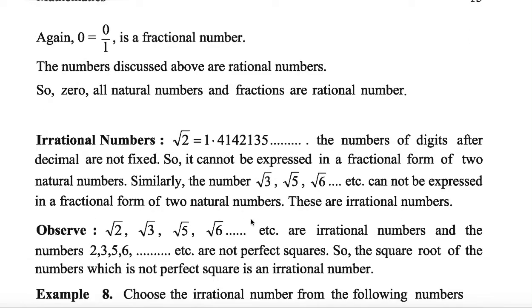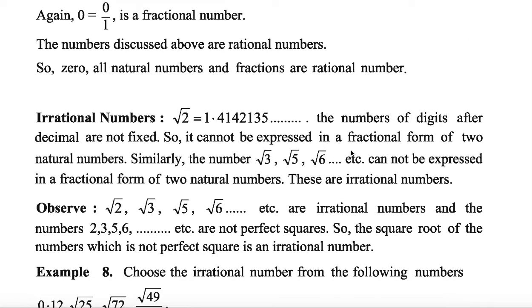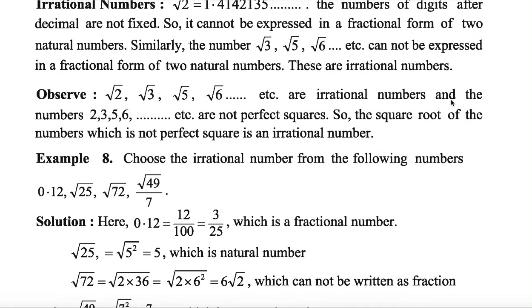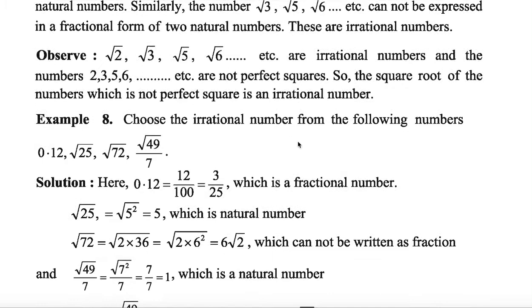So it cannot be expressed in a fractional form, so this is an irrational number. Similarly, root 3, root 5, root 6 cannot be expressed in fractional form. For irrational numbers, the numbers 2, 3, 5, 6 are not perfect squares. So the square root of a number which is not a perfect square is an irrational number.